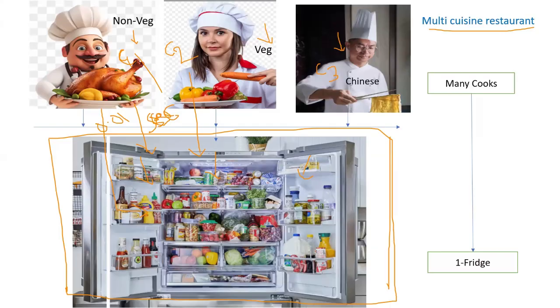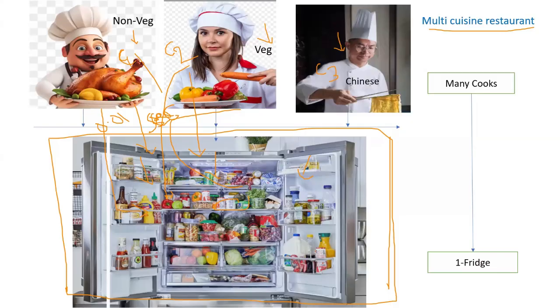So once the non-veg order comes first, he will go and pick the wanted cooking items, then come back. Then the veg chef will go, take the cooking items, and come back. This is the process of sharing: they share the data with each other.